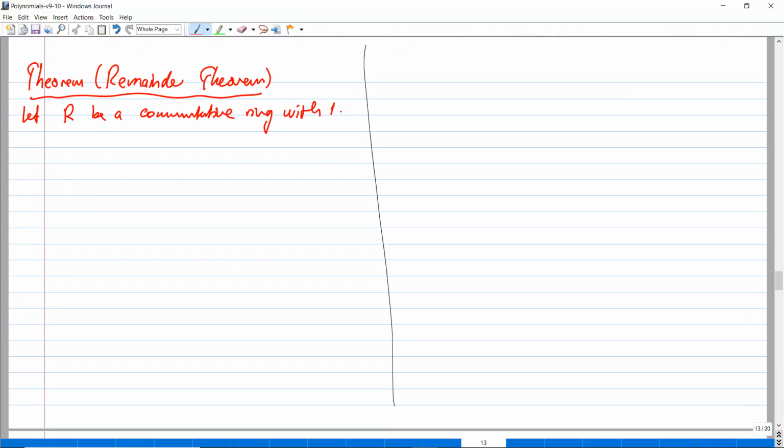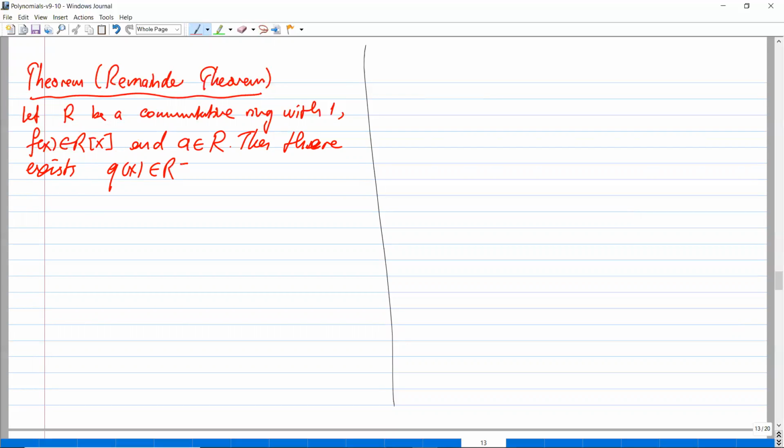Let f of x be a polynomial over R, so that the coefficients are from R, and let a be an element of R. Then there exists a polynomial q of x in R[x] such that we can write f of x as q of x times (x minus a) plus f of a. And f of a is a constant term, of course.